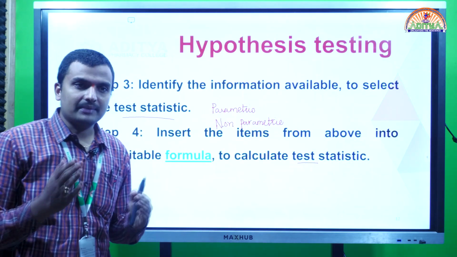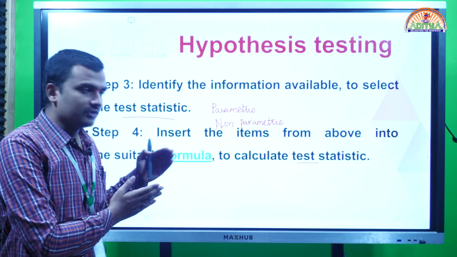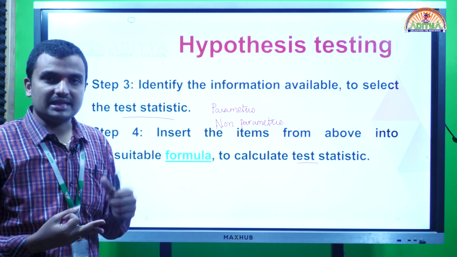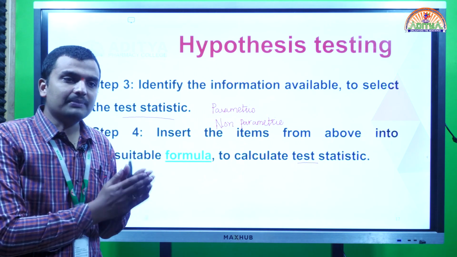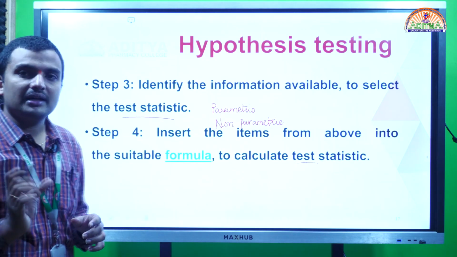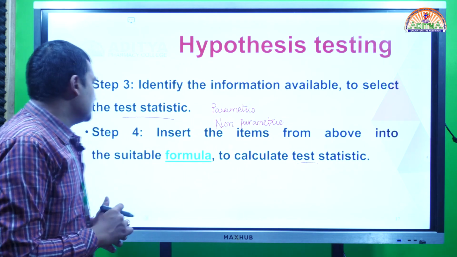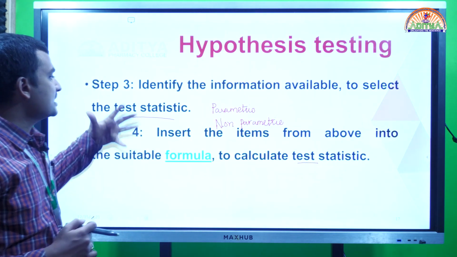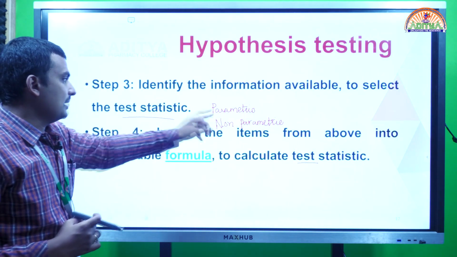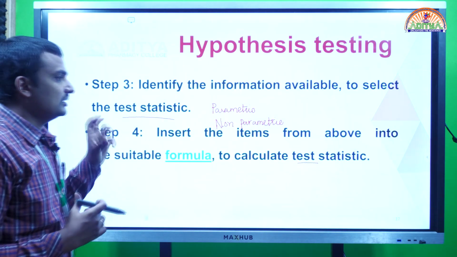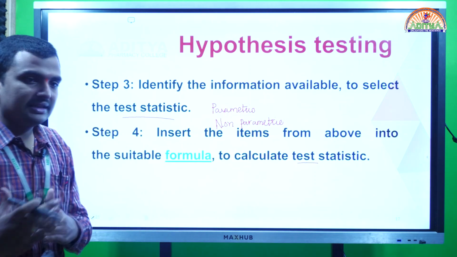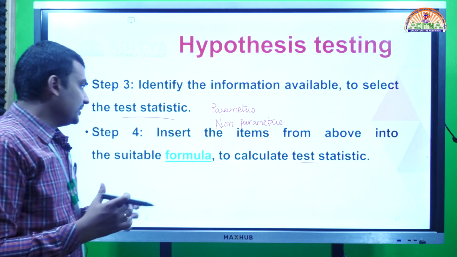For example, among the parametric tests we have the student t-test, ANOVA, chi-square test, like this. For every particular parametric or non-parametric test, we have a selected formula to calculate the test statistic. So in step 4, we insert the items from step 3, the selected statistical test, and its corresponding test statistic formula needs to be derived.